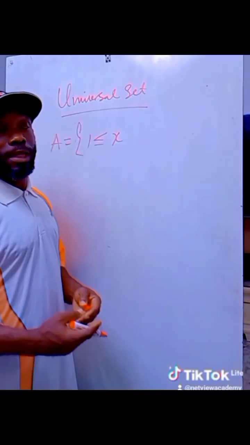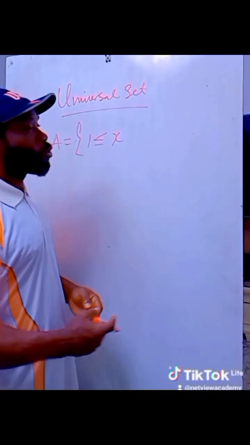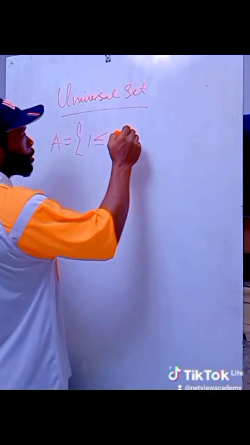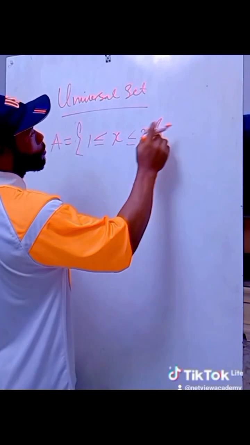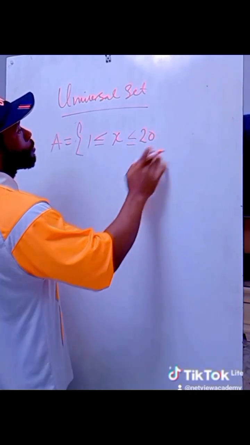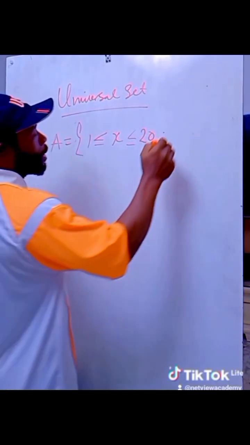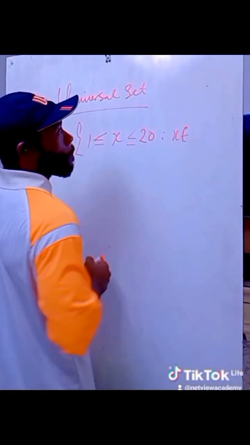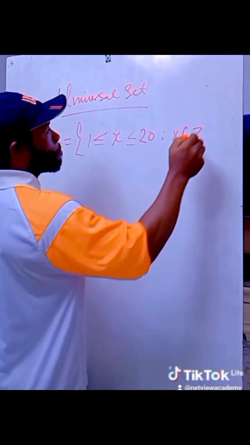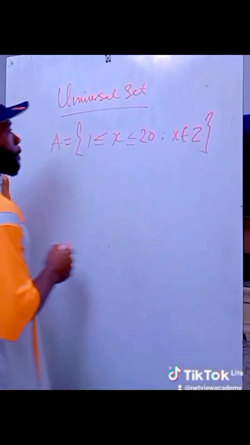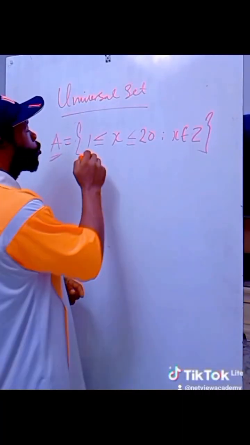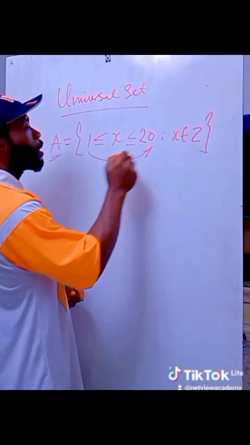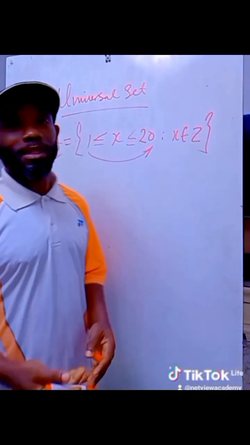When studying integers below 20, the universal set contains elements x, so that x is between 1 and 20, and x is an integer. Set A is an example of a universal set because it contains all the elements that are under consideration, integers that are below 20.